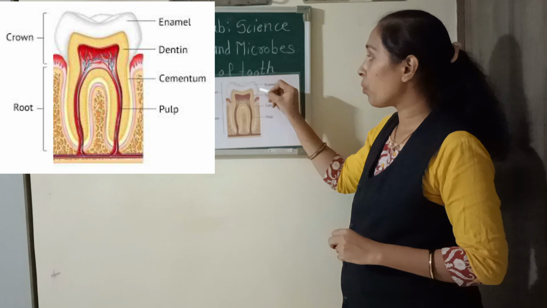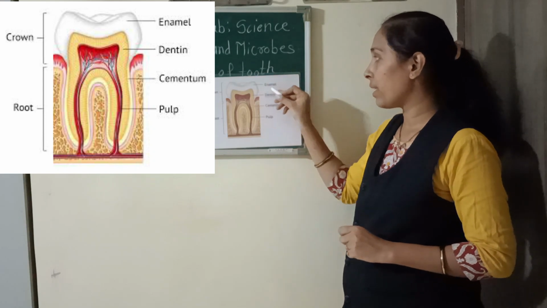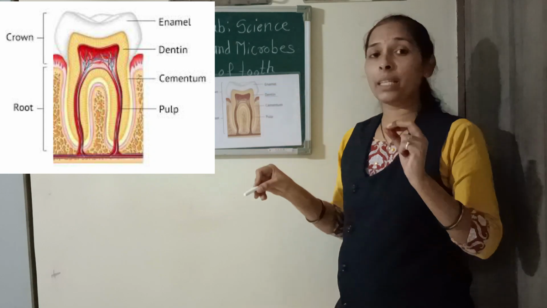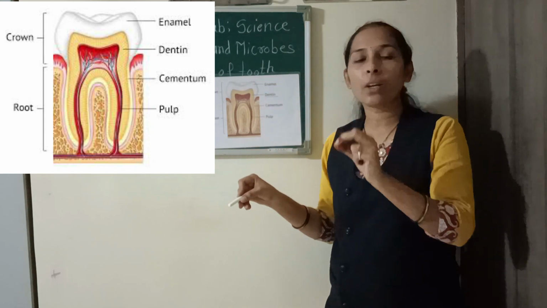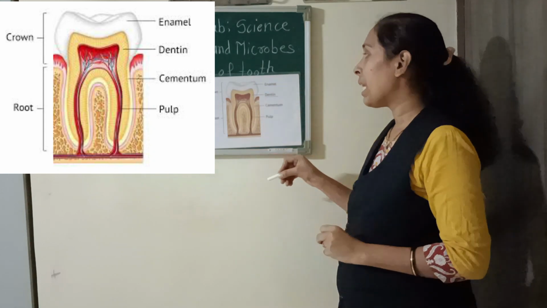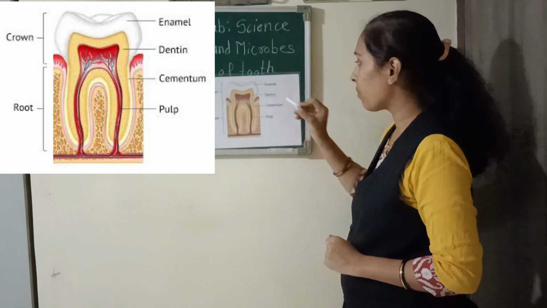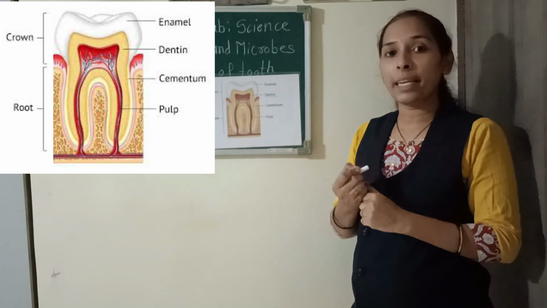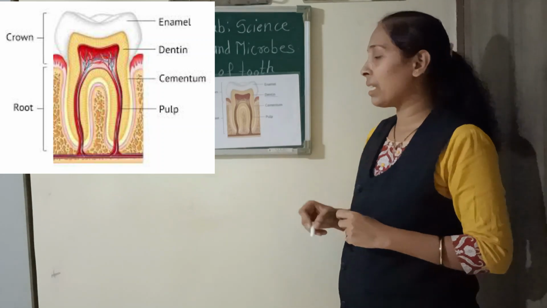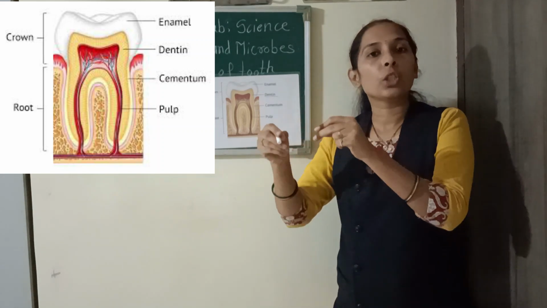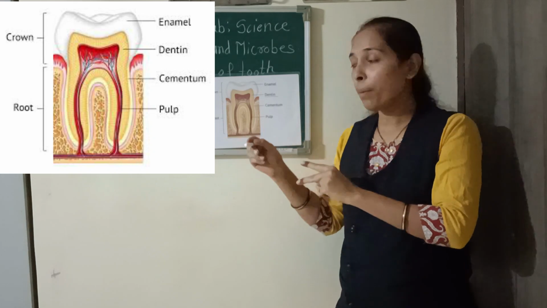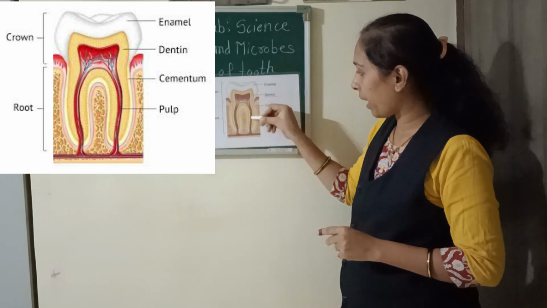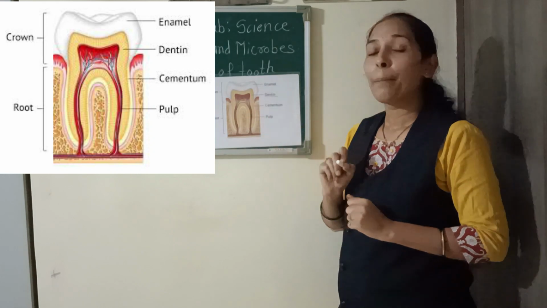So the uppermost white portion of the tooth that we can see is enamel, and inside the enamel there is the main hard part of the tooth, called dentine. Next, inside the dentine, the pulp is the innermost portion of the tooth. Here you can see all these red color lines, that is nothing but the pulp.